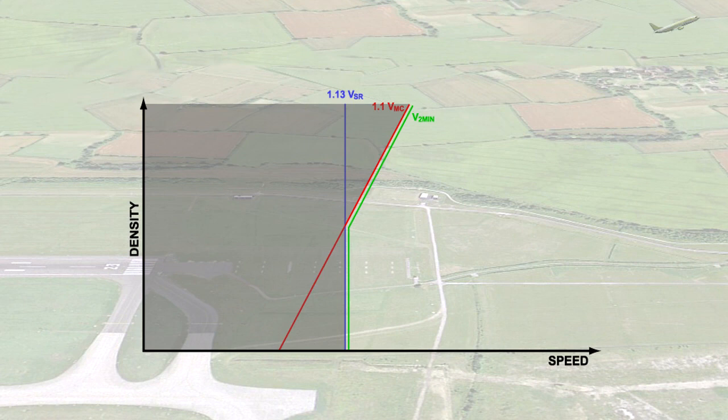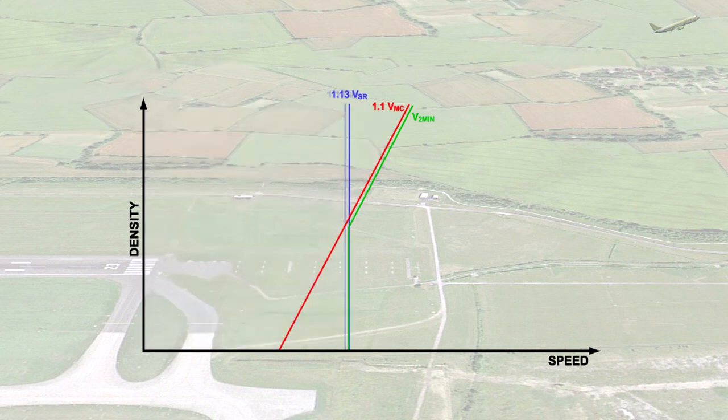Let us consider the effect of weight on the graph and on V2 min. Increasing the mass of the aeroplane and or reducing flap angle will only increase the stall speed. Therefore, 1.13 VSR would increase as shown.